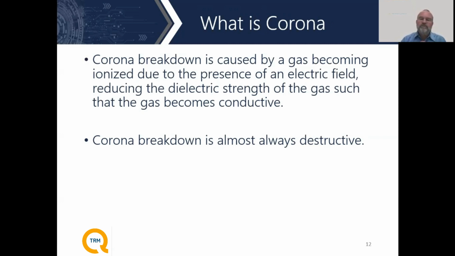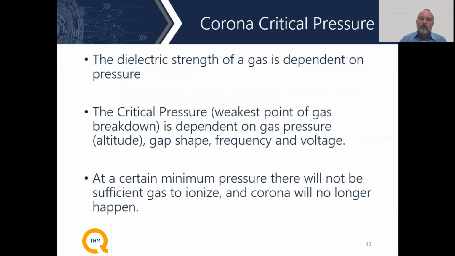So what else is corona dependent upon? Corona is dependent on several things. Like I said, it is a breakdown of gas, so it is dependent on pressure, since the insulating properties of gas are related to pressure.